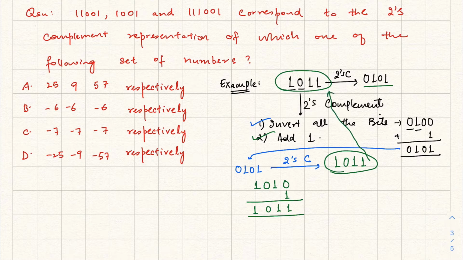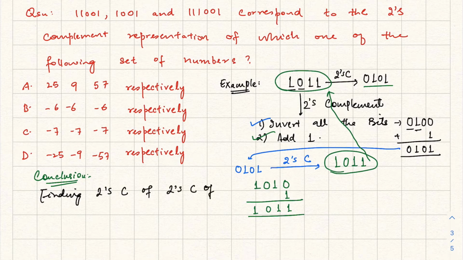So the conclusion from this exercise is that finding the 2's complement of a number gives the original number back.